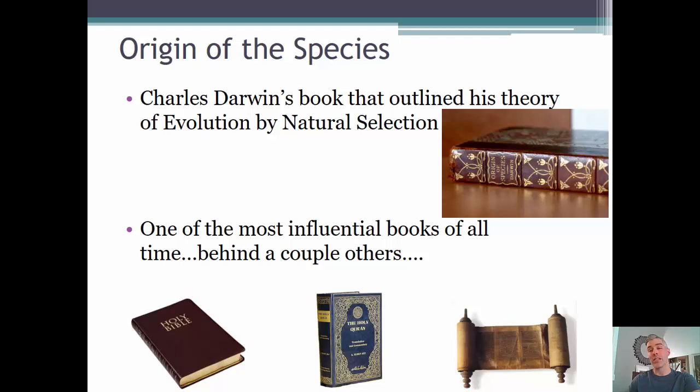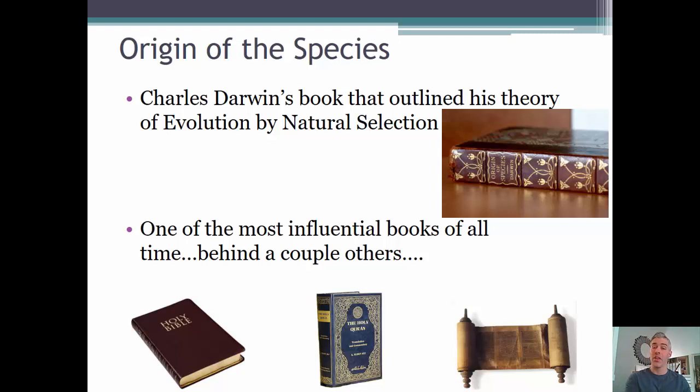The reason he waited so long was because he was worried about the church's reaction and the public's reaction, even the scientific community's reaction to the release of such a controversial topic. That species were no longer created specially by God, but that they had common ancestors, and eventually through small incremental changes led to all of the different species we see today.